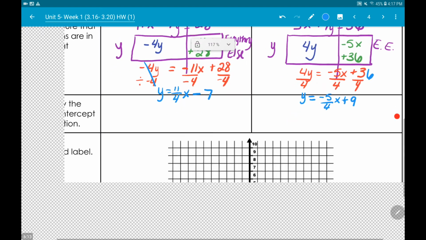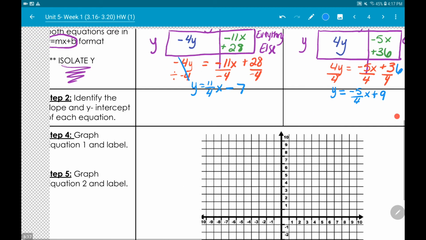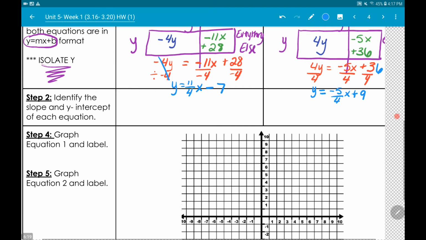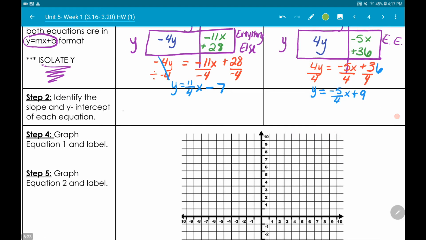Okay, step number 2. We need to identify the slope and y-intercept of each equation. So remember, slope comes first. So m equals 11 over 4. Let me put that in my calculator, see if we get anything a little easier to work with. And this gives me 2.75, which again, not a pretty number.